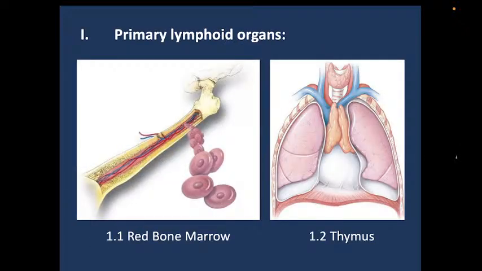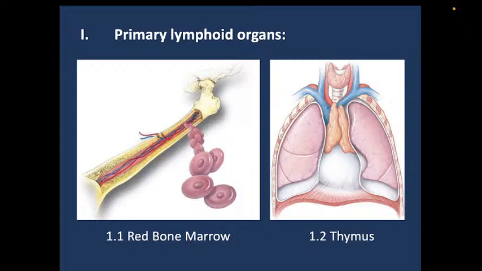Okay, and here you see primary lymphoid organs, and of course this is the red bone marrow. I think this is number one, because almost every bone has inside of the bone tissue special cells which produce lymphoid cells and work as a lymphoid organ.